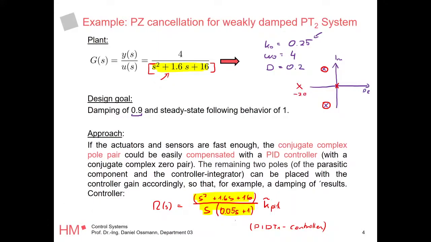Put this one at minus 20. And we still have this free parameter here, right? And this free parameter, when we close the loop, will shift our poles somewhere we like, which is maybe going to be here, right? Hope this is clear. Okay, we will do the calculation on the next slide anyway.